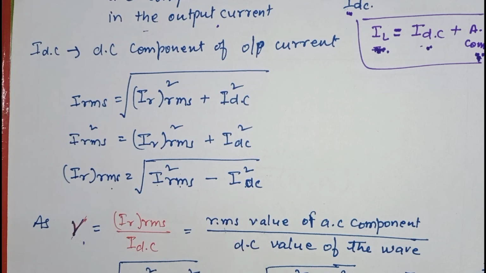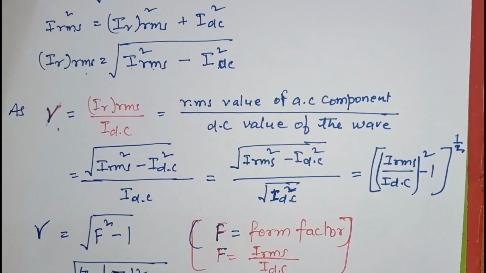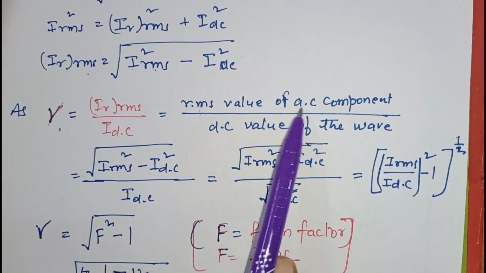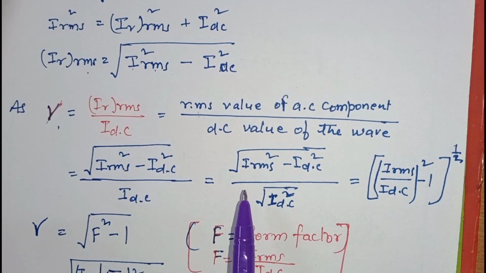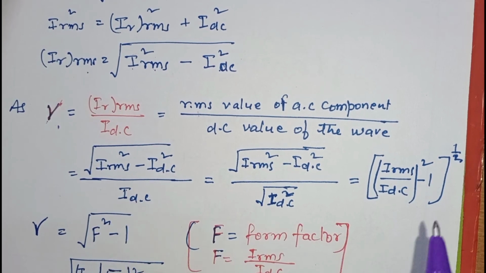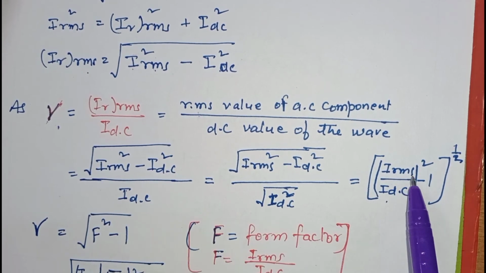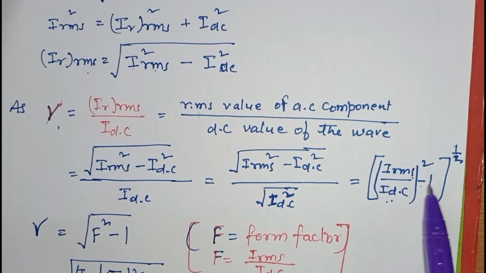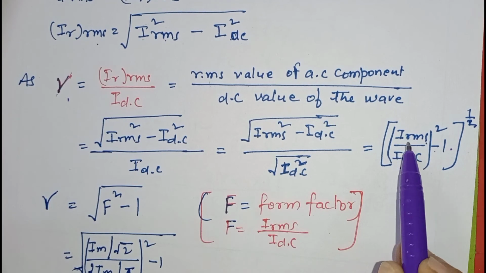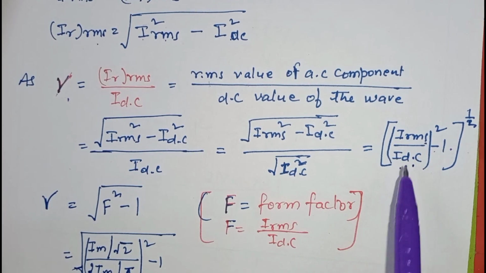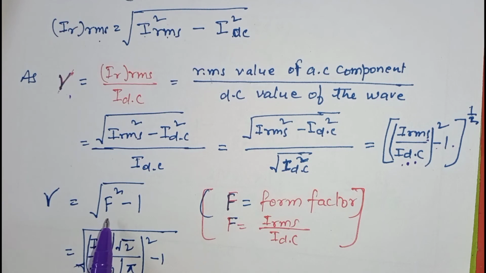Now using this value we will calculate ripple factor. Now we will put the RMS value of AC component that we have calculated here, and IDC. After manipulating this equation we will get IRMS upon IDC whole square minus 1, and root of this whole value. We have represented this IRMS upon IDC by F, and this F is the form factor.